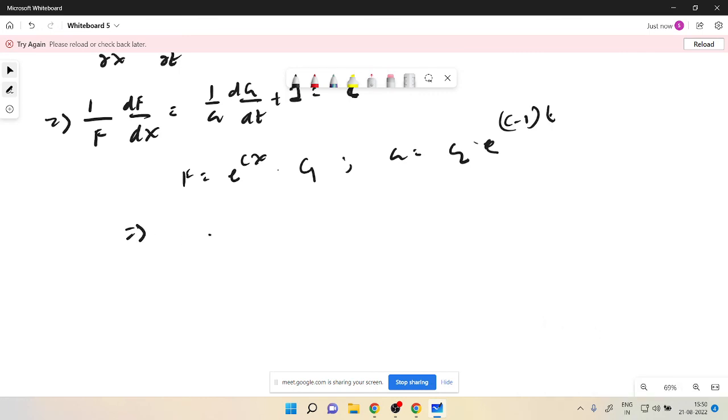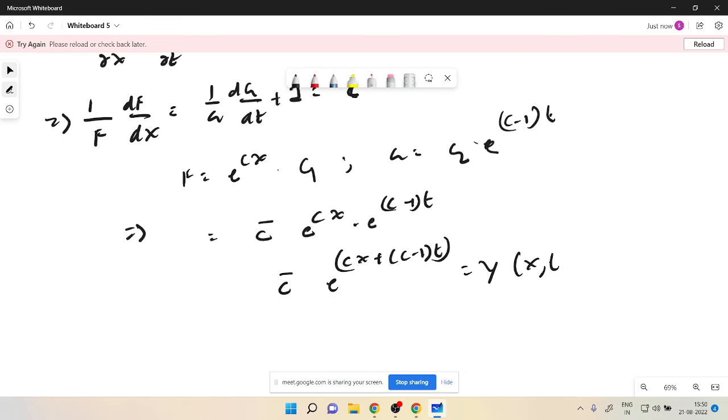So f into g is some c bar times c1 into c2, e power cx into e power c minus 1 times t, c bar into e power cx plus c minus 1 t. So just take t equals 0: y of x comma t equals e power minus 3x, which is equal to c bar times e power cx.